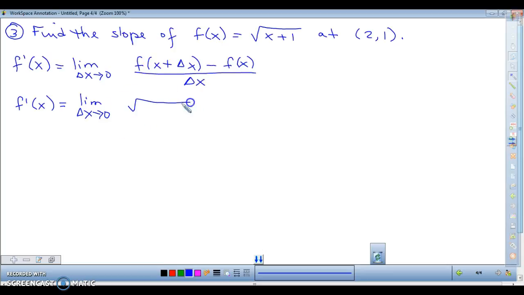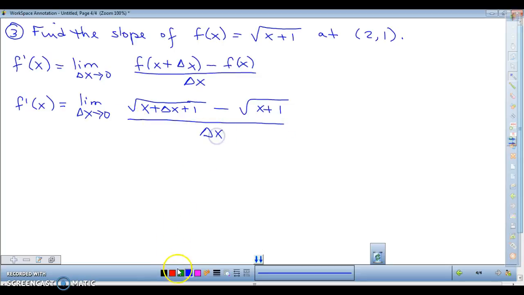So that's going to be the square root of x plus delta x. That's what went in the place of that x. But to this x, we're adding a 1, so don't forget to add your 1 right there. Minus f of x itself, which is the square root of x plus 1.